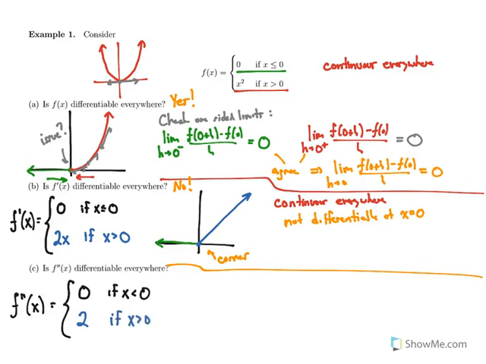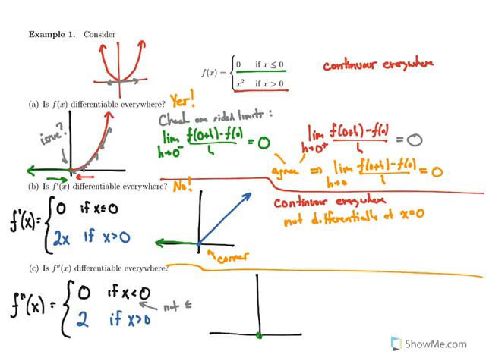And note that I no longer have less than or equal to because the derivative doesn't exist at that point 0. So I can't actually put that in the second derivative. So what does this look like?